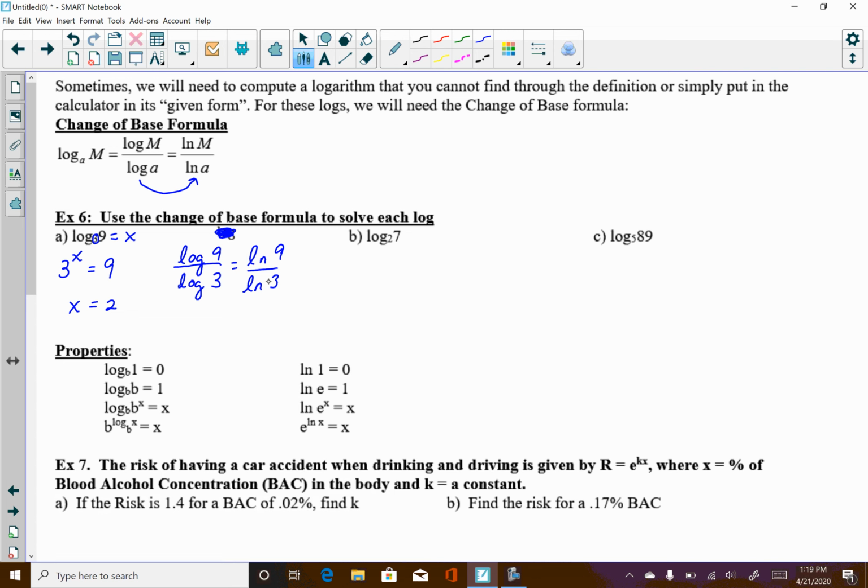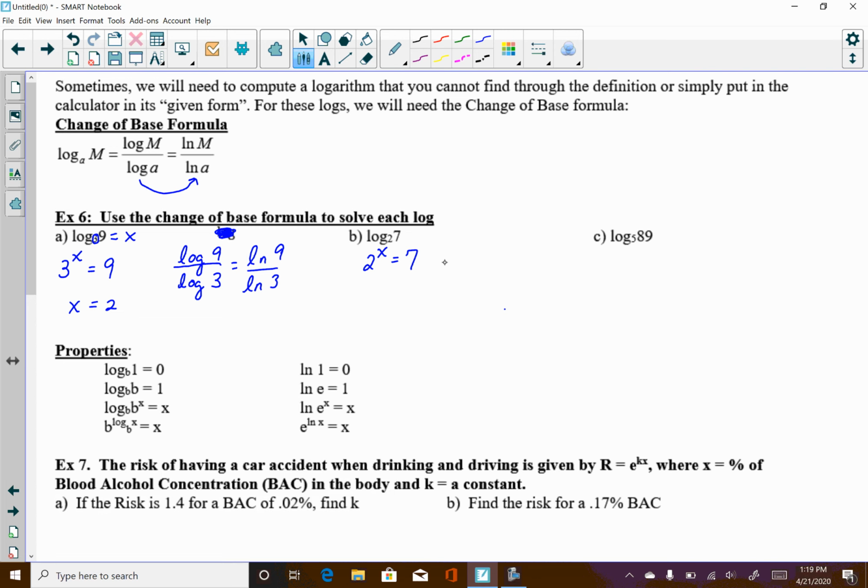We'll do one more together. For parts B and C, in part B, you'd be saying 2 to the what power equals 7. Well, 2 squared is 4, 2 cubed is 8. So it's somewhere between 2 and 3. We just don't know exactly what value that is.